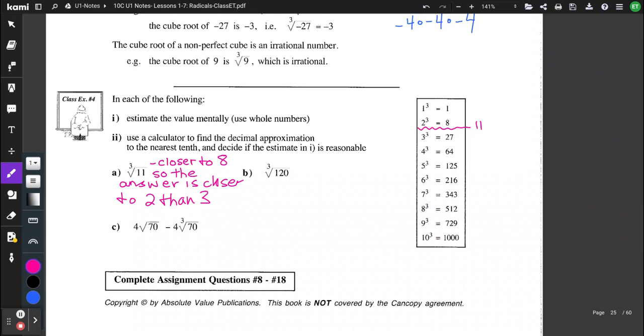And he's less than halfway because the next number is 27 and 11 is very close to the 8. So we could say approximately 2.1, 2.2, 2.3 might be even too much.